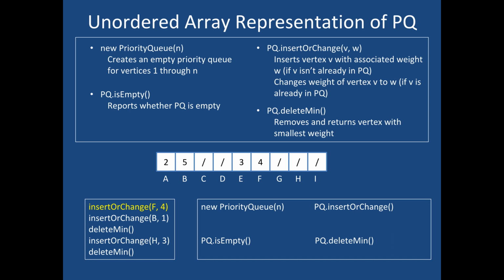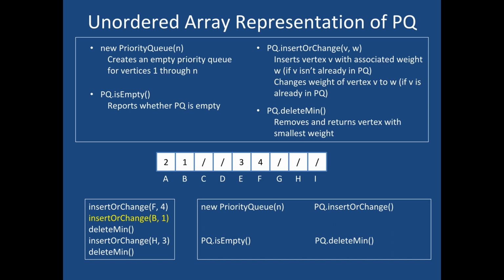We just go to the place F is stored and change it to a 4. Okay? What's it going to take to change, in this case, B to 1? You just store 1. So the insertion operation is just an array update operation, an array store, constant time.